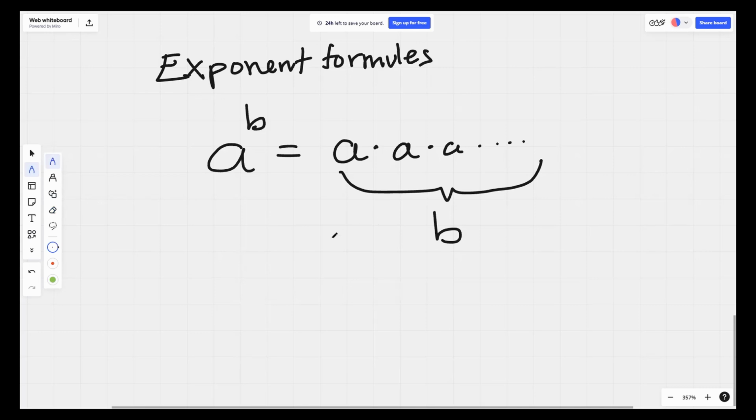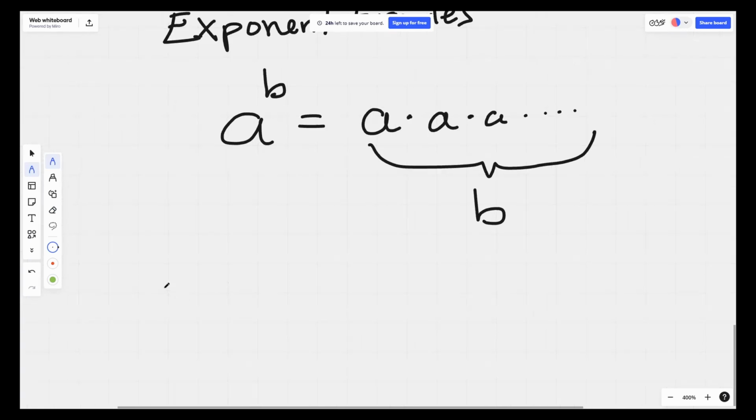All right. So now what if I have two exponents multiplied together? What happens then? Let's say I have 2 to the 2 times 2 to the 3. Well, if I use PEMDAS, and I evaluate the exponents first, 2 to the 2 is 4.